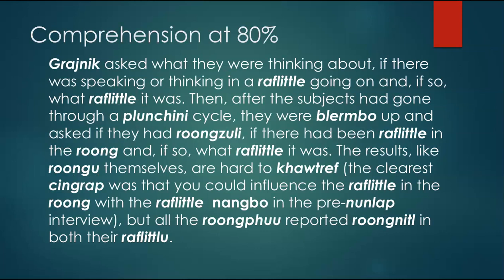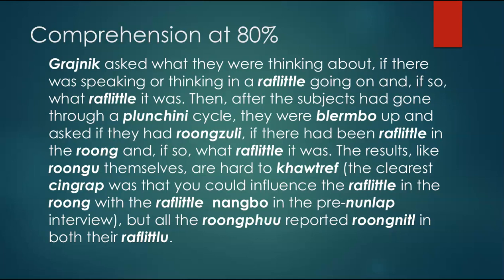At 80% comprehension of the words in a text, you will read it something like this. Grajnik asked what they were thinking about, and if there was speaking or thinking and a raffliddle going on, and if so, what raffliddle it was. Then after the subjects had gone through a Pluncini cycle, they were blurmbo up and asked if they had roongluli, if there had been any raffliddle in the roong, and if so, what raffliddle it was.